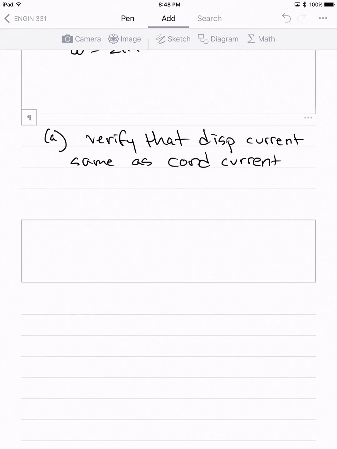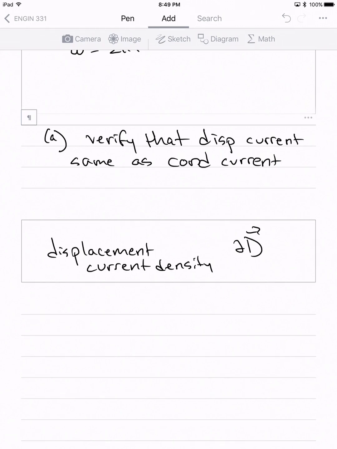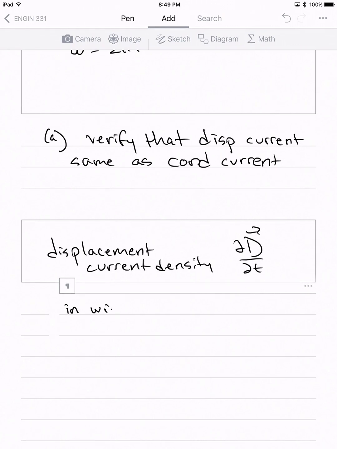If you remember, the displacement current density is partial D partial t. So it's the time derivative of the electric flux density. Now, in the wires, D is going to be 0 because it's a conductor and all the fields are 0 in the conductor.